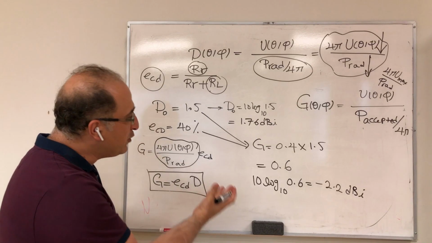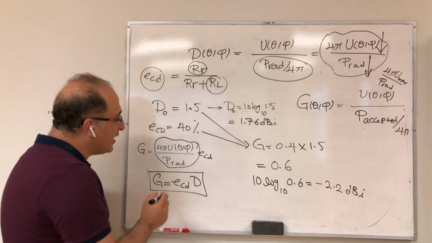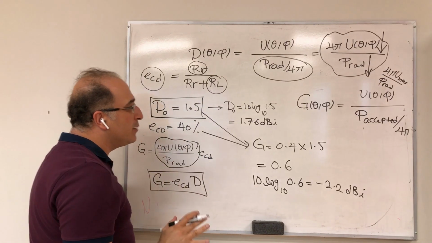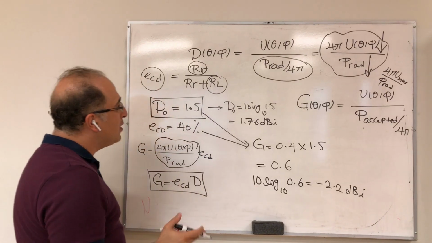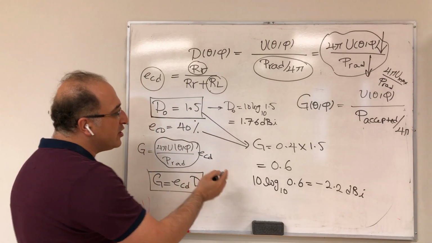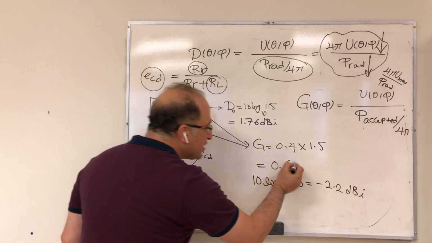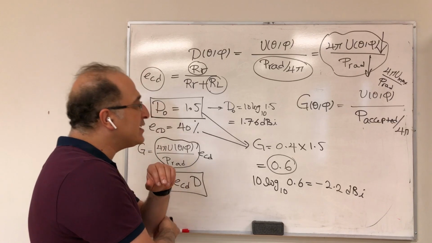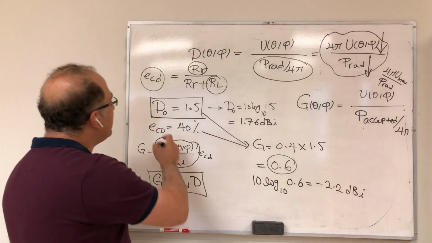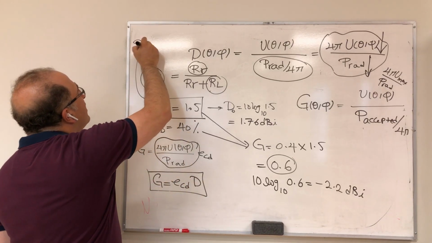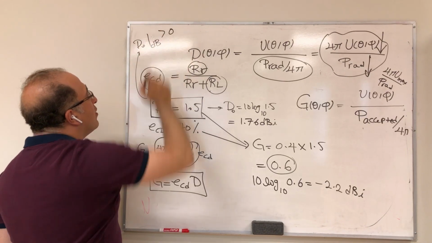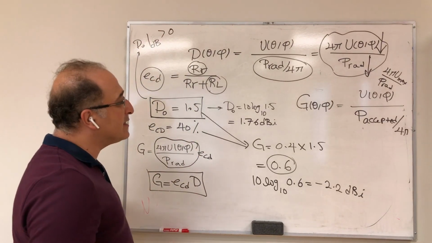So if you look at here, first of all, as you remember, I said directivity is always greater than 1 because there is no loss involved. But because loss is involved, gain can be smaller than 1. Now, if I translate what I said into dB, I should say directivity in dB is always greater than 0 dB.